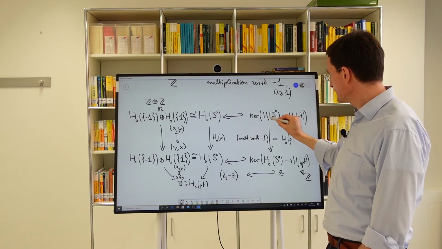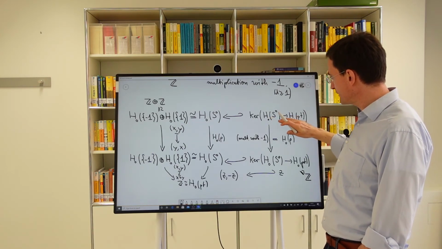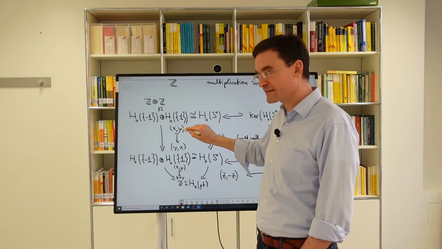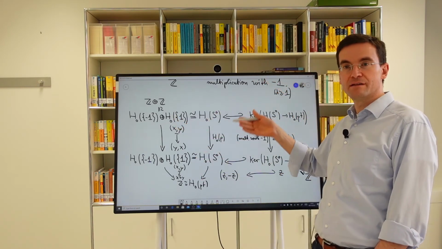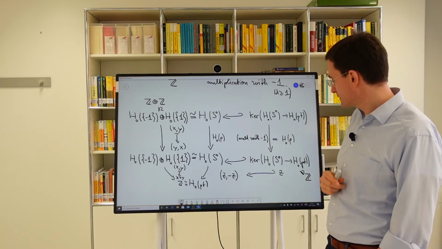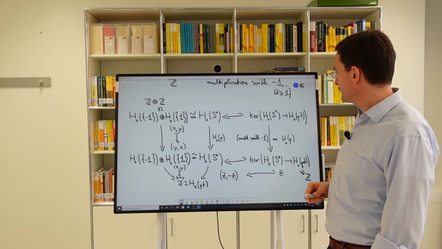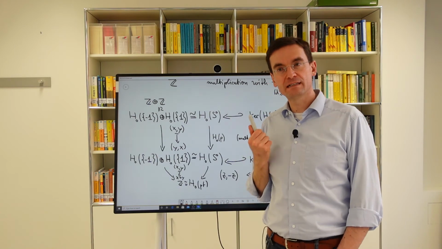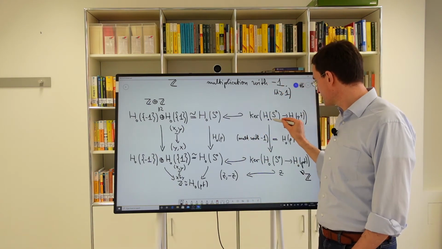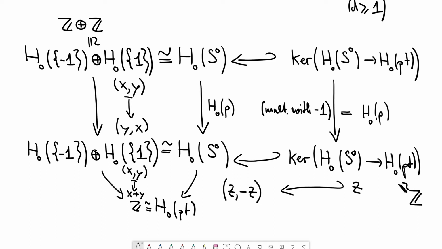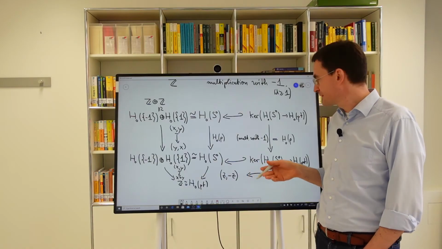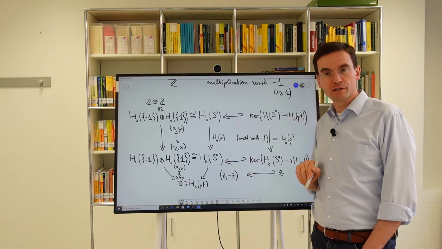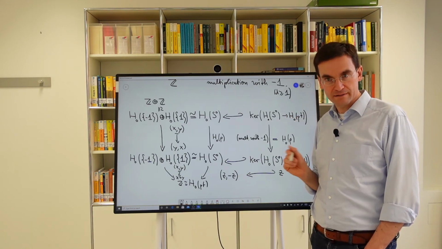And if you look at this subspace, which corresponds to the elements x minus x, then swapping is multiplication with -1. And if you look now at a sphere SD for d at least 1, and you look at the corresponding kernel, which would now be the kernel of HD, SD to HD of a point, then for d at least 1, HD of a point vanishes by the dimension axiom, and this would be just the homology of SD.